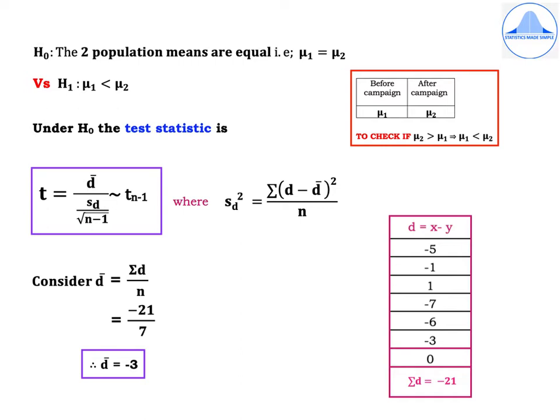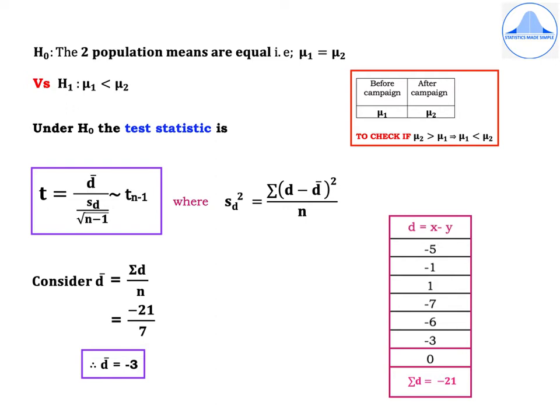Now, the question asked is, can the campaign be judged to be a success? Or in other words, we have to check whether the mean sales after the campaign has increased as compared to the mean sales before the campaign. So we have to check if mu2 is greater than mu1, which implies mu1 is less than mu2. So our H1 will be mu1 is less than mu2.